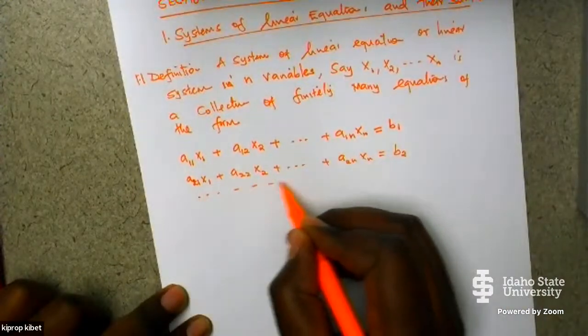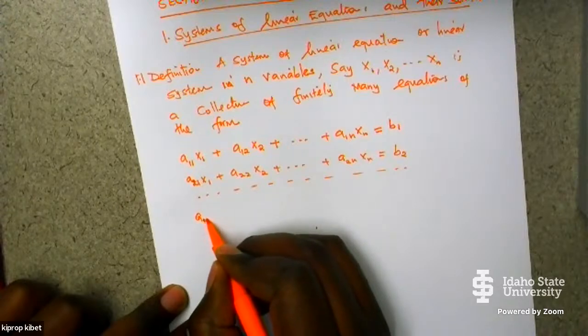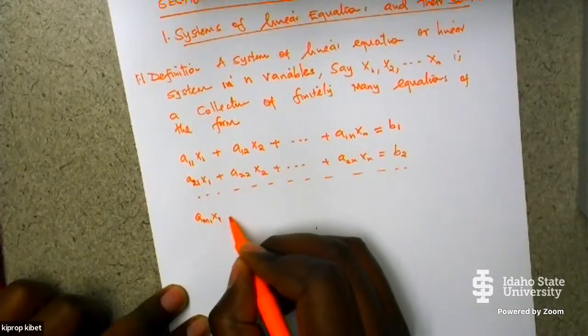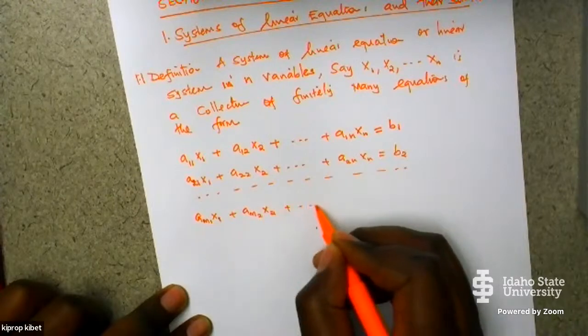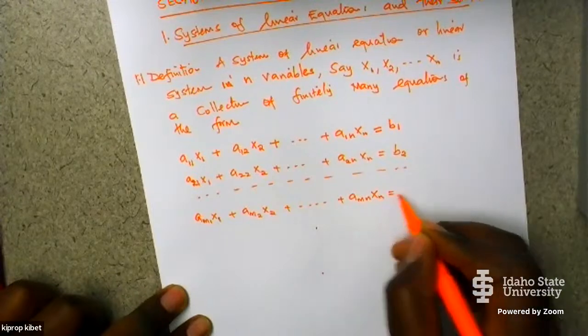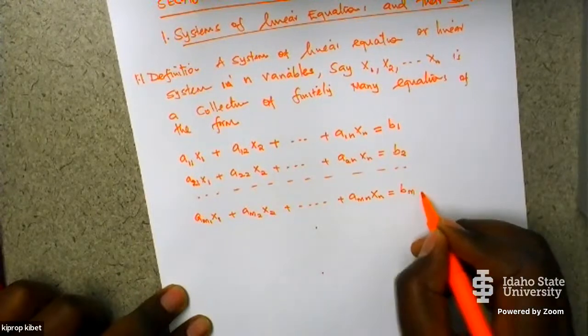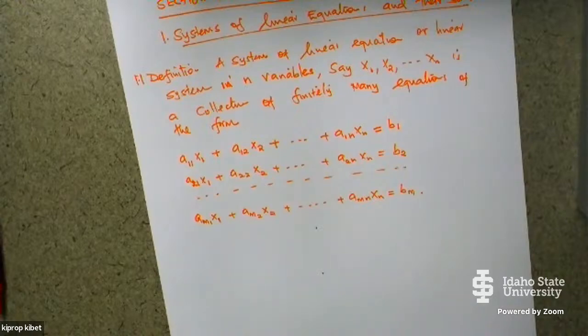So it can continue like that up to a m1 x1 plus a m2 x2 plus a mn xn equals bm.